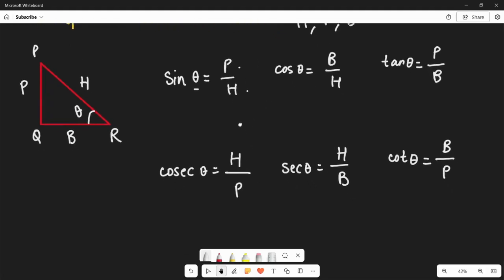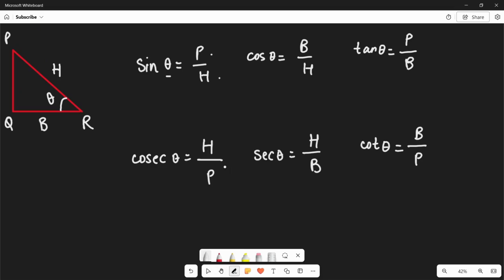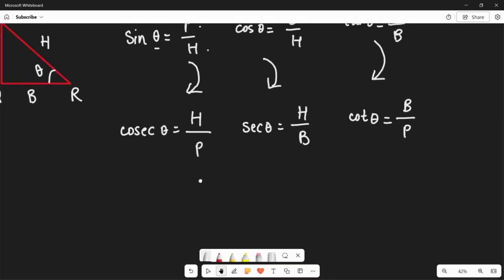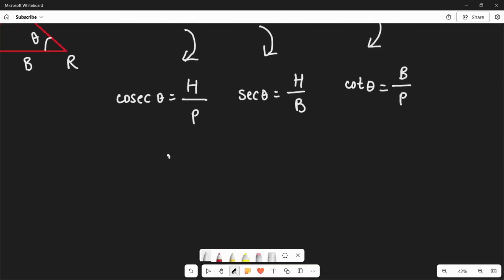Now, if you will notice clearly, these two functions, that are sine and cosecant, while cos and secant, and tan and cot, are inverse to each other. That is, P by H here becomes H by P here. So what can we conclude from this? That sine of theta is equals to 1 by cosecant of theta.